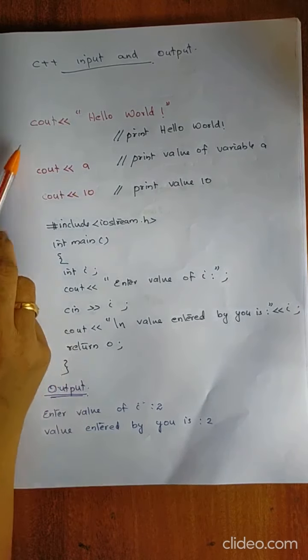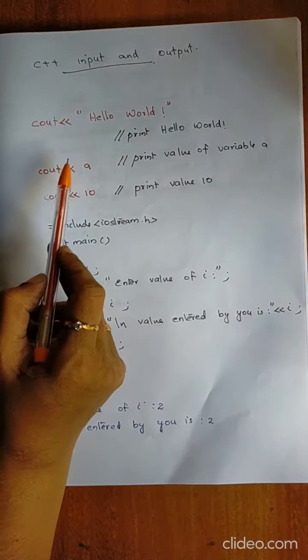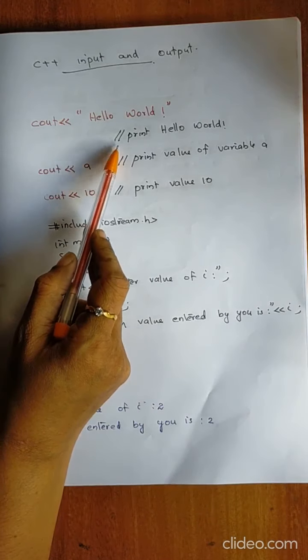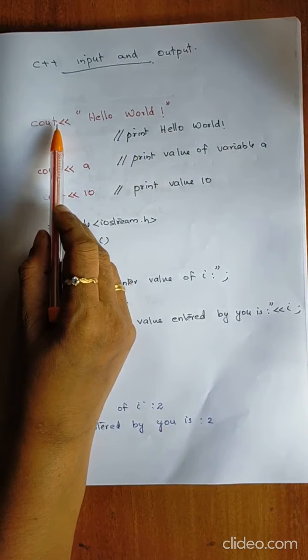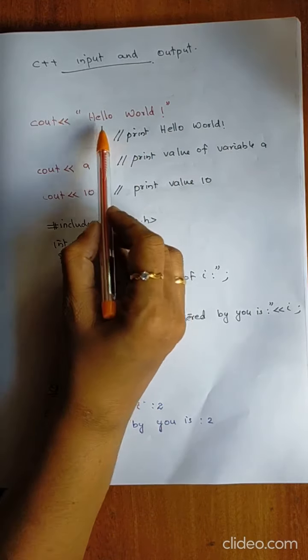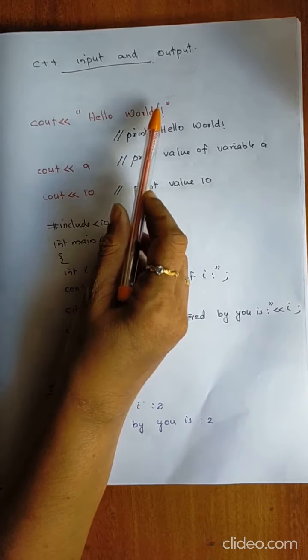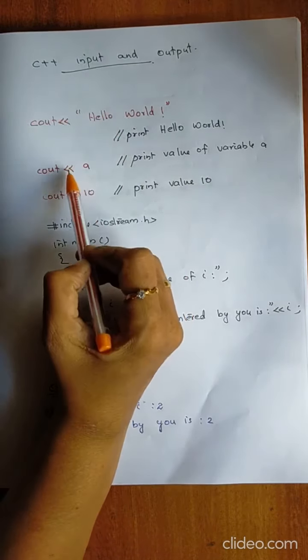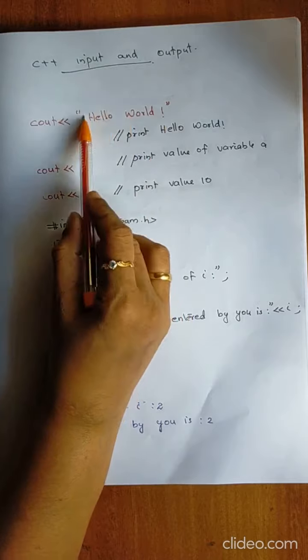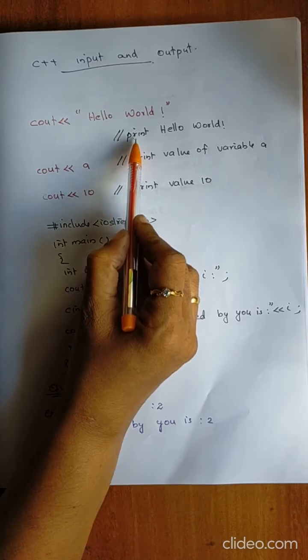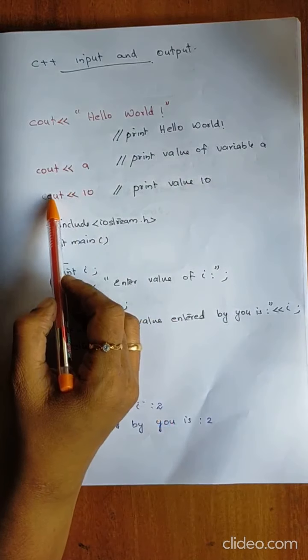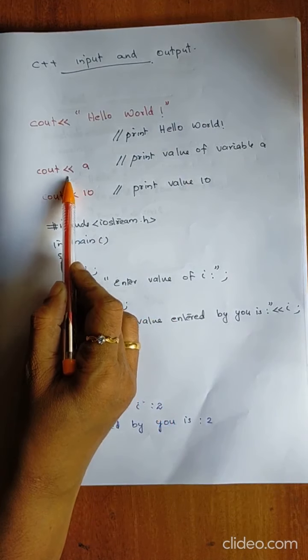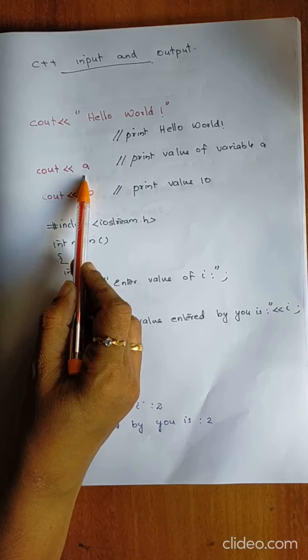For example, cout << "hello world". This is to print out the hello world. That is cout, insertion operator, and our statement within the double quotes, hello world. This statement within the double quotes is what we need to print. And next, cout insertion operator, a variable a.